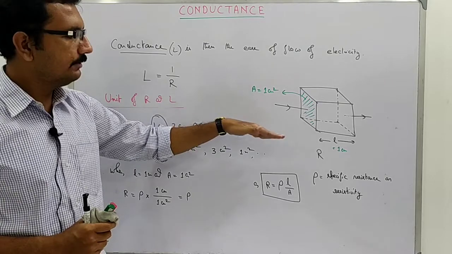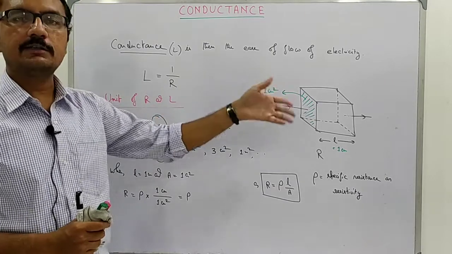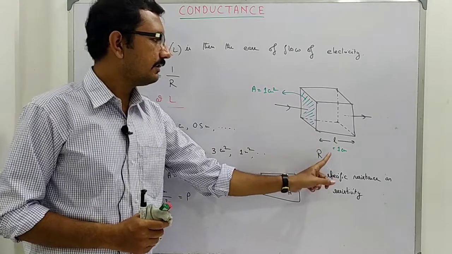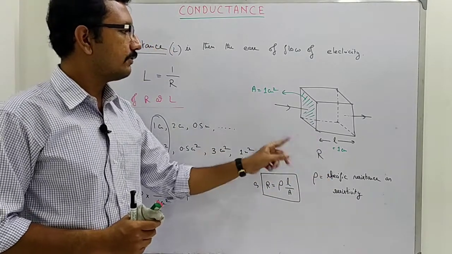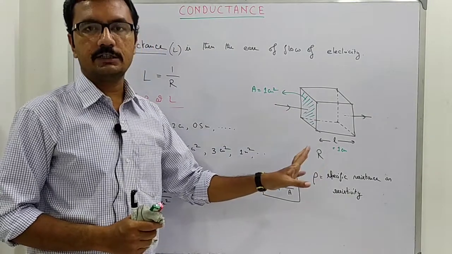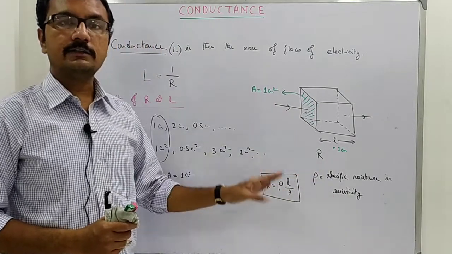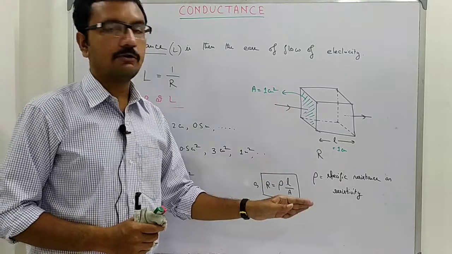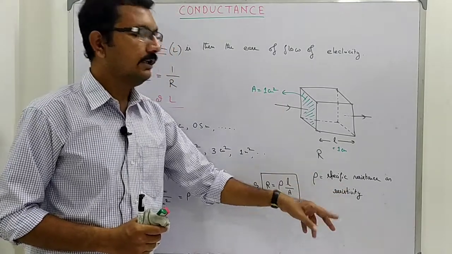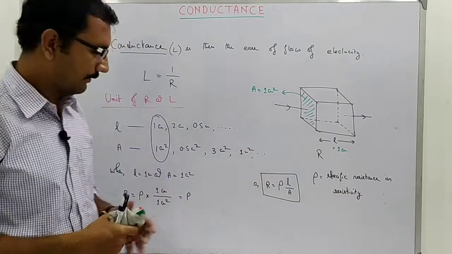So, that will give you different types of resistances, but when you take 1 centimeter as the length of the conductor and 1 square centimeter as the cross sectional area of the conductor, that is when you take a unit cube conductor, then the resistance that is being offered by that conductor is called the specific resistance or resistivity of that conductor.